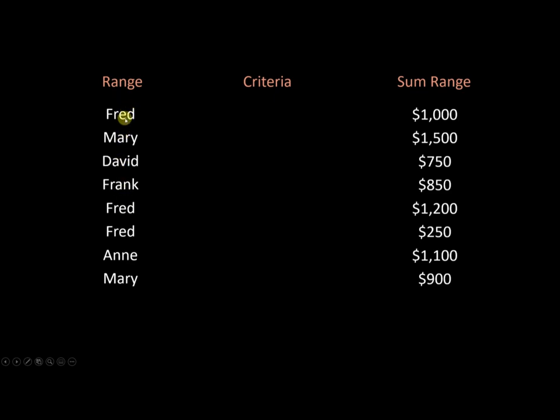This range would be an area within the spreadsheet, most likely a column, with a reference like C3 to C20 with people's names, and that range is where we would use a criteria to look.